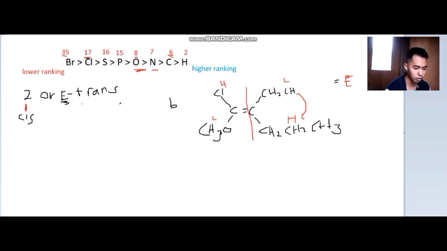Our Cl is in the upper part, while the higher rank on the other side of the carbon is on the lower part of the bond. So H is on the same level with L, and L is on the same level with H. So this is like a trans isomer. So this is an E.